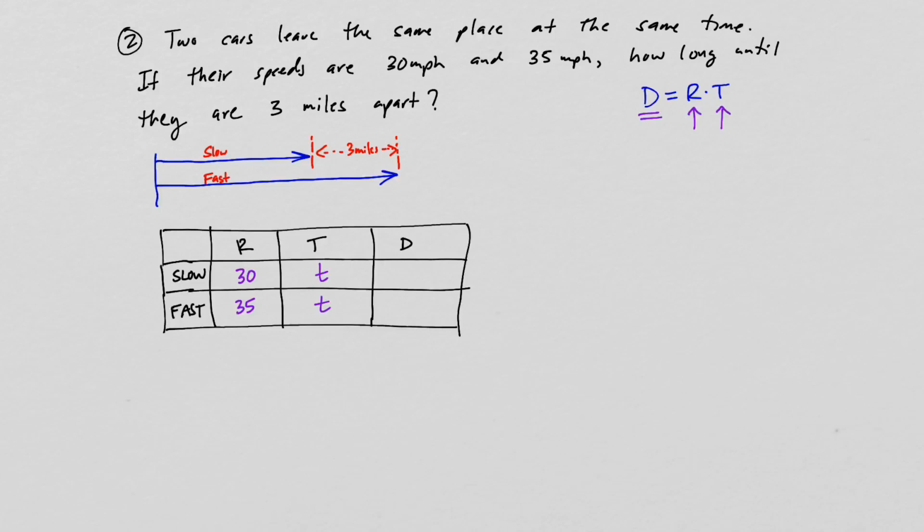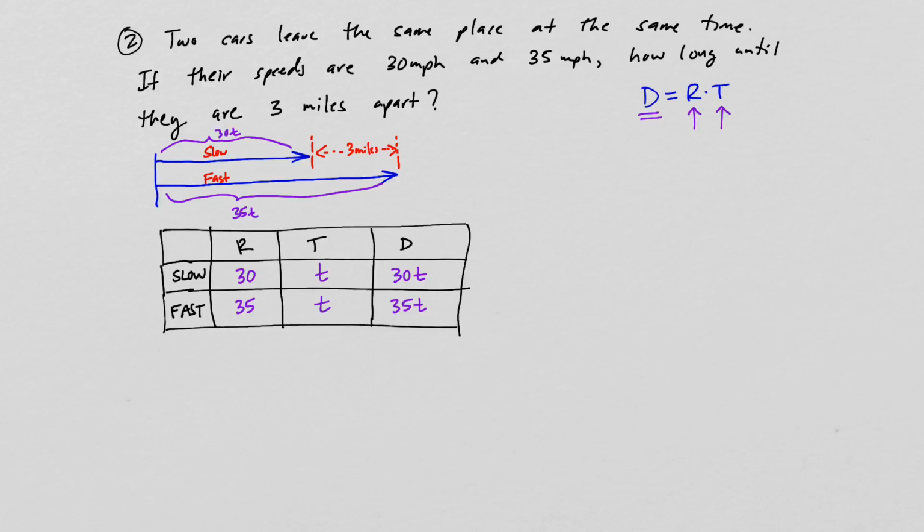So the distance that the slower car travels will be 30 times t, and the faster car will travel 35 times t. These are the distances that they travel. So in our diagram here, the faster car will travel a distance of 35t, while the slower car will travel a distance of 30t.